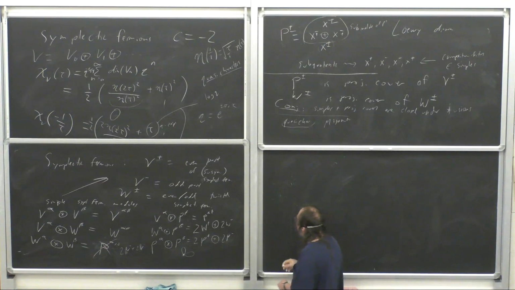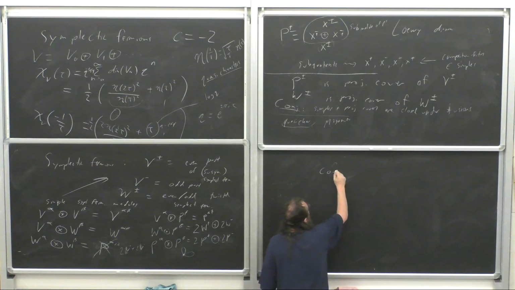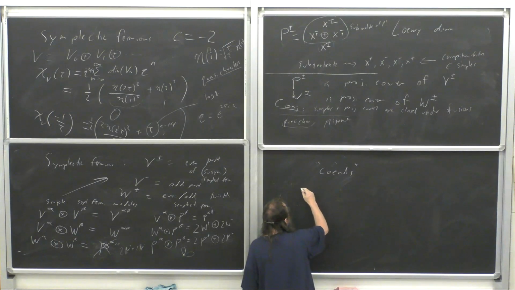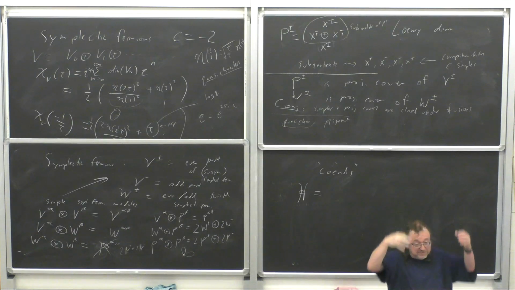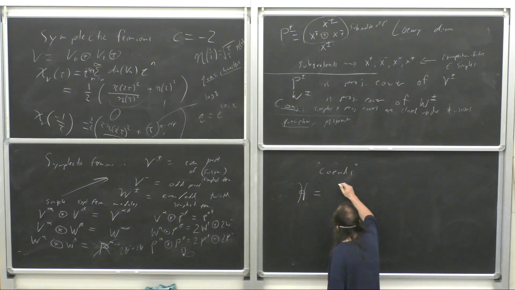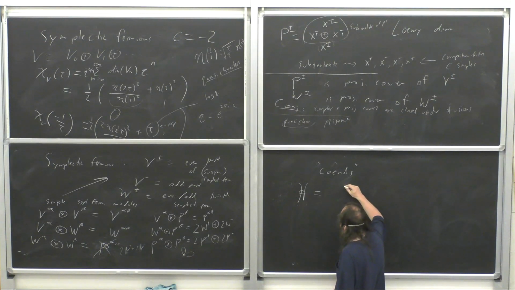What it would look like for the symplectic fermions is, this is the world of coends, if you know anything about that. The space of blocks for a rational full CFT, as you know, would look like, in this case, if the symplectic fermions were rational, the state space of the full theory would look like some combination of V's tensor V's, and V's tensor W's, and W's tensor V's, and W's tensor W's with various multiplicities.